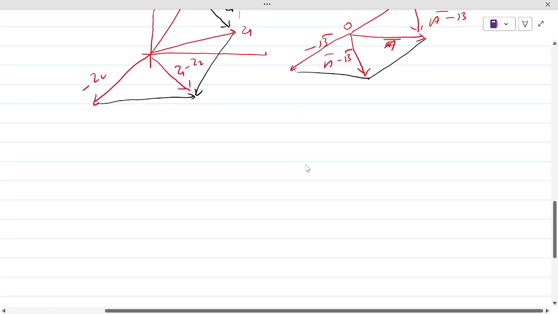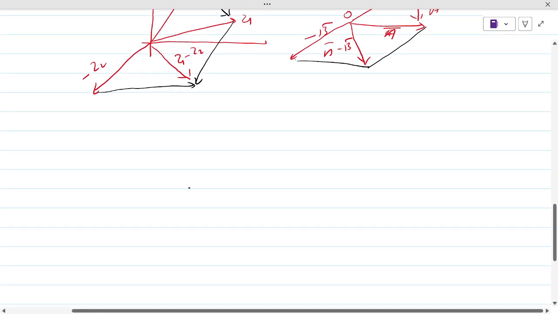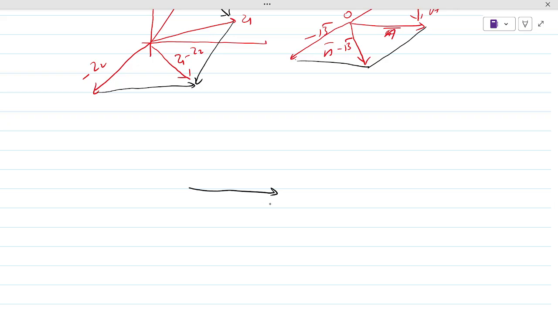By the way, here is a very interesting thing. Let's say this is complex number z1 and this is complex number z2. The addition, z1 plus z2, will be one diagonal of the parallelogram, and the subtraction, z1 minus z2, will be the other diagonal.